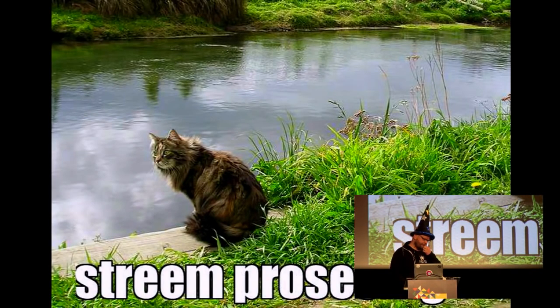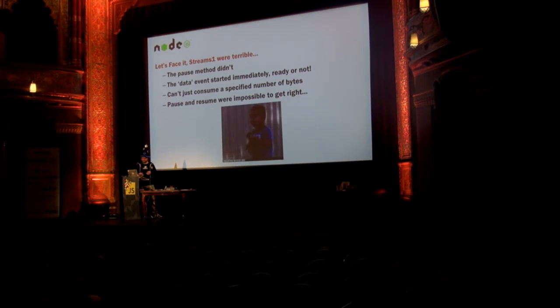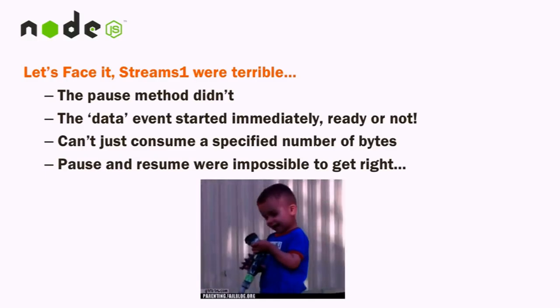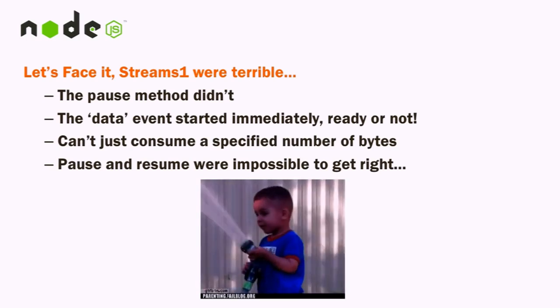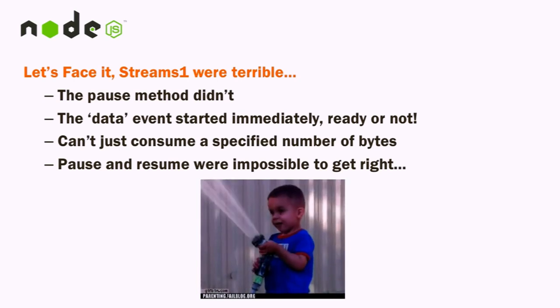So when people started to say, well, what about stream processing? Why couldn't we just use some of the ideas from, say, Node streams, for example? Well, let's face it right now. If you used Node way back when, you'll realize that streams are really terrible. I mean, the data started flowing immediately, whether you were ready or not, poor kid.